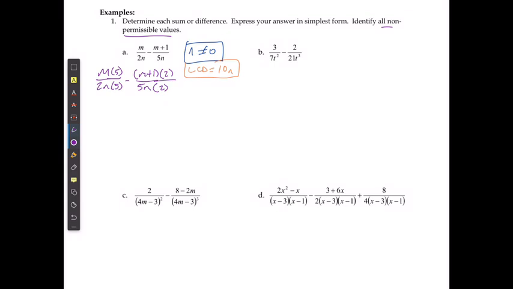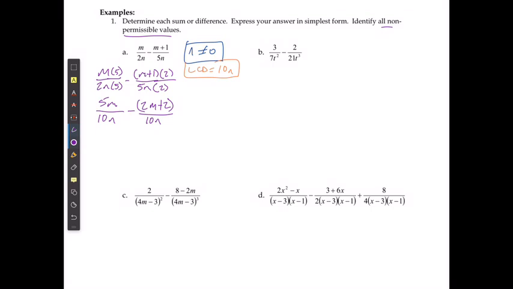This is going to give me a common denominator of, I'm going to have 5m over 10n minus 2m plus 2 over 10n.